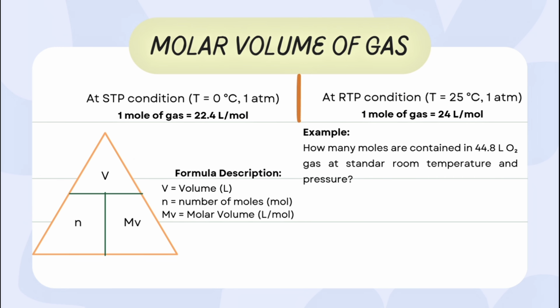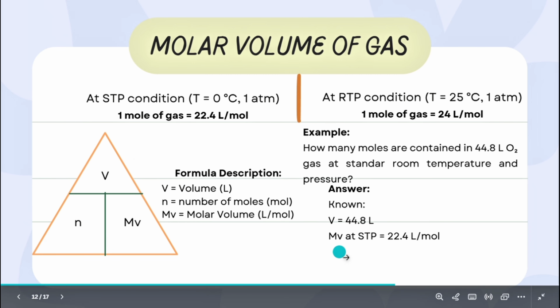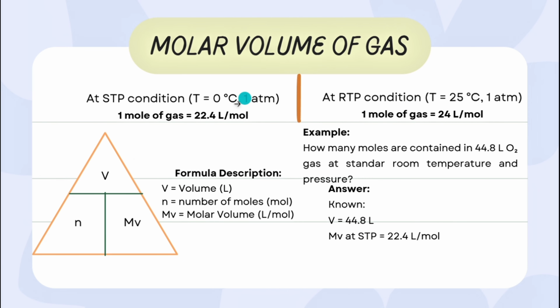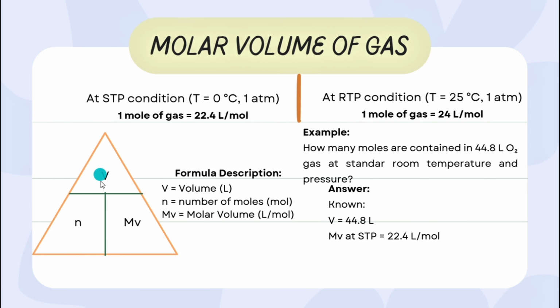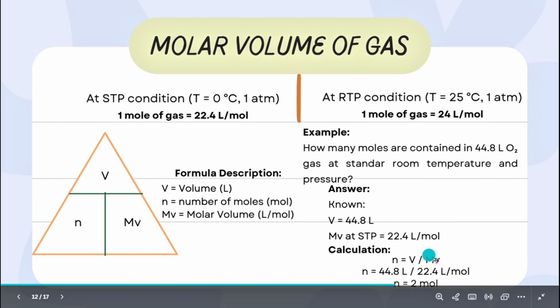First, we know that the volume is 44.8 liter, and the molar volume at standard temperature and pressure is 22.4 liter per mole. So when we cover the number of moles, the formula is volume divided by the molar volume. So n equals 2 moles.